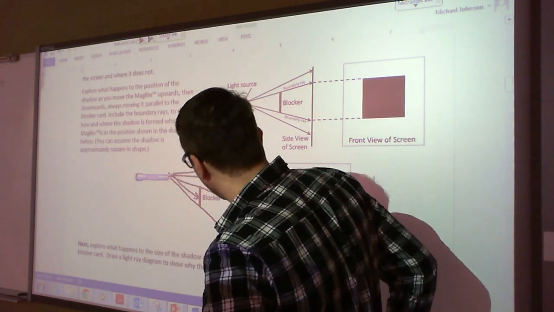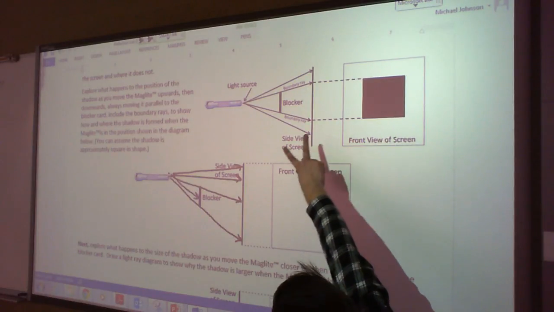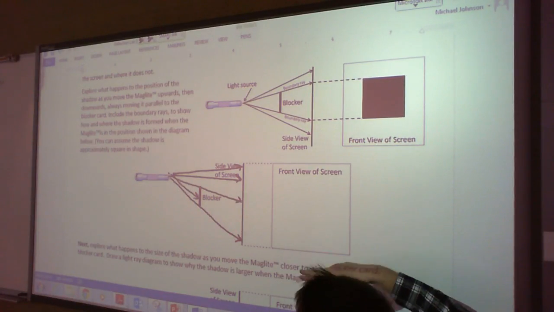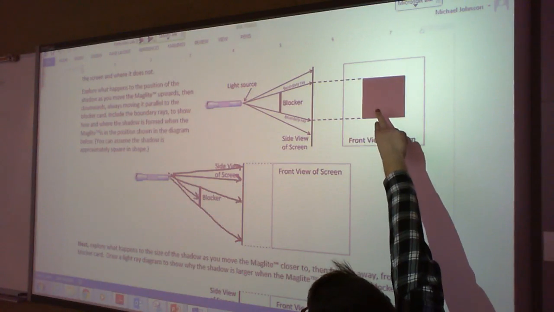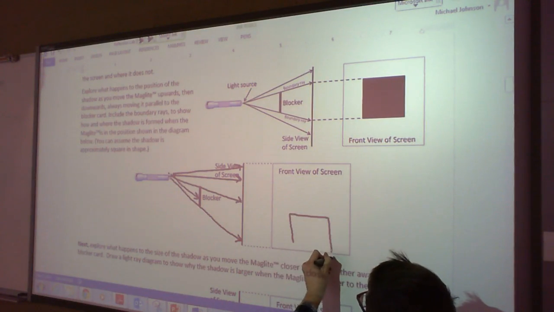And then from there, we can imagine that if the blocker was centered when the mag light was centered with it, when it moves up, this, you guys said, is going to move down. So we can imagine it's now down here.